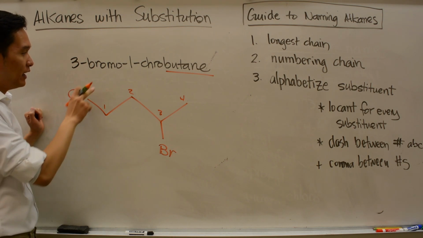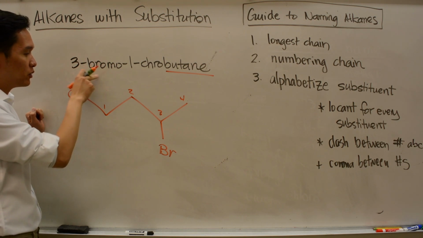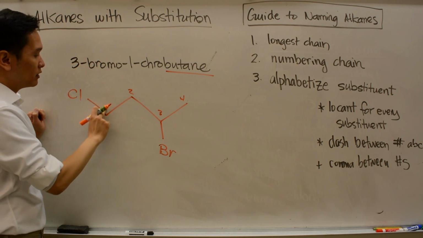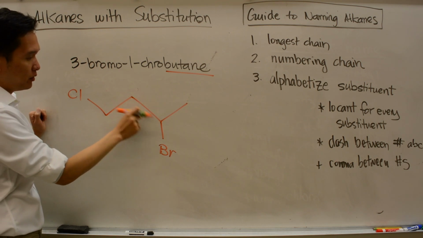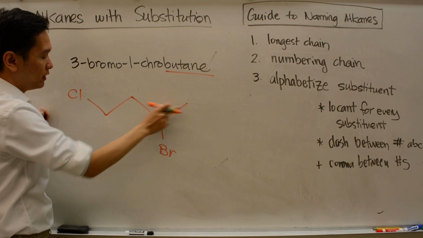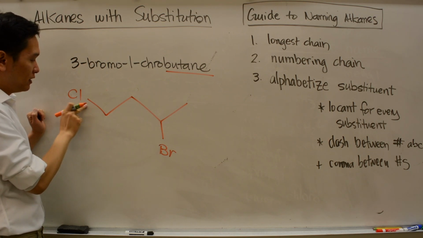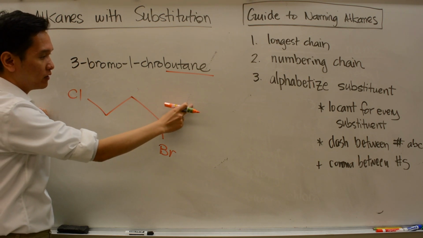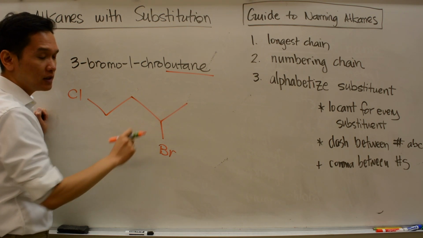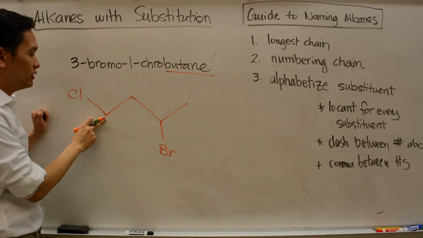Now let's double check if this molecule was named properly. If I were to name this molecule without giving that name already, I would say to myself that it is a butane. That's correct. So 1, 2, 3, 4, and I would number from here because if I number from this side, the first substituent is at number 1 position. If I start from here, 1, 2, the first substituent is at number 2 position. So this side wins.